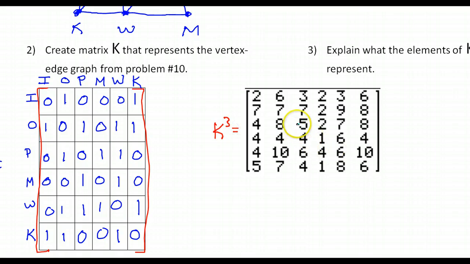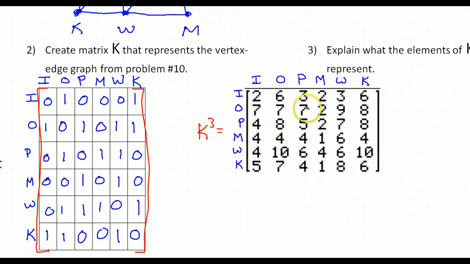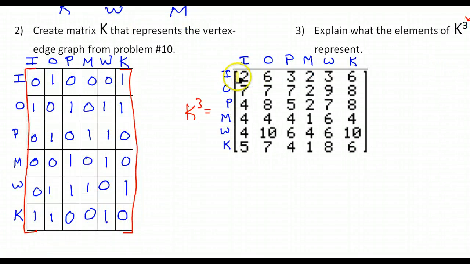Now, I guess I should put the letters down the side. So each one of these elements represents the number of ways I can get from one state to another, crossing 3 borders because we cubed it. So for example, let's look at Indiana and Maryland.